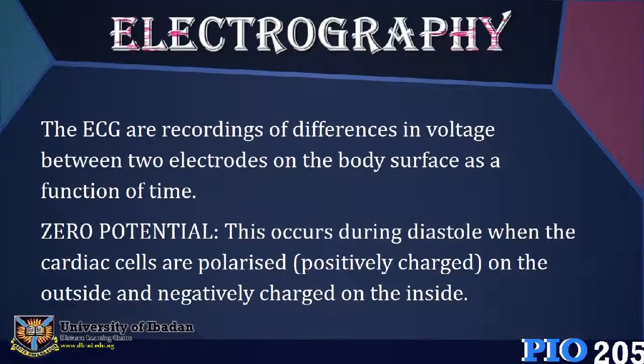Zero potential. This occurs during diastole when the cardiac cells are polarized, positively charged on the outside and negatively charged on the inside. The electrodes placed on the skin do not detect voltage differences because all parts of the heart are equally polarized. Hence, the recording shows no deflection from the zero potential line.